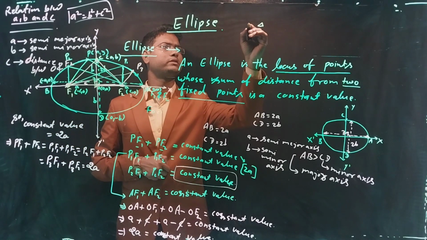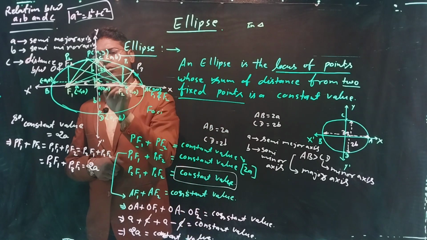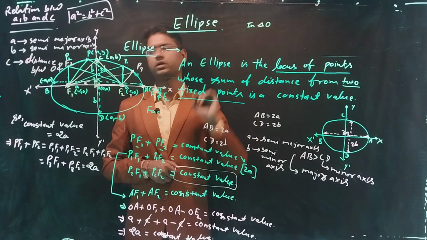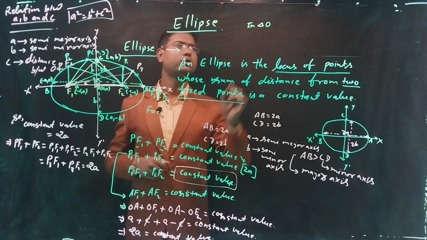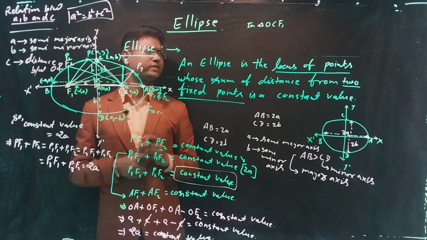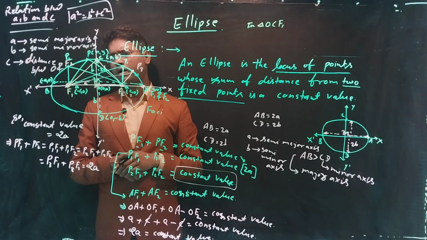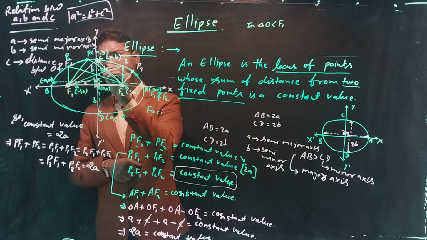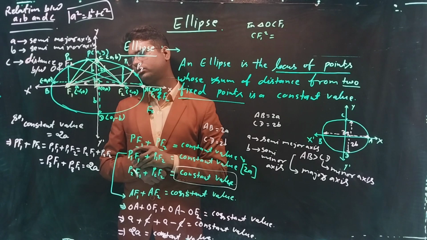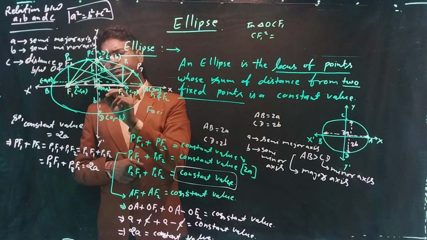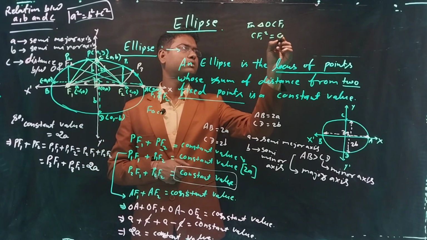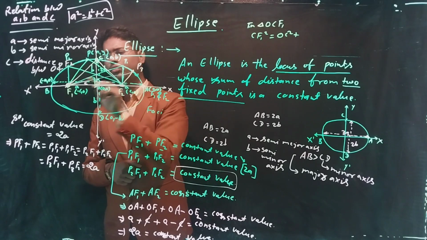In triangle OCF1, students, in what triangle? OCF1. By using the Pythagoras theorem, hypotenuse square, meaning CF1 square, will be equal to OC square plus OF1 square.